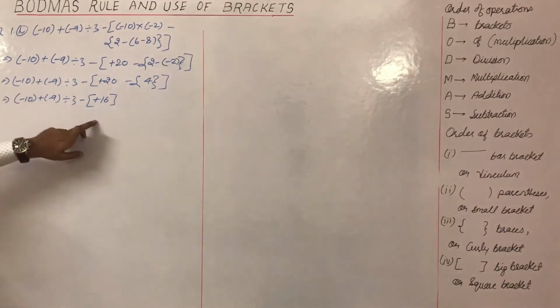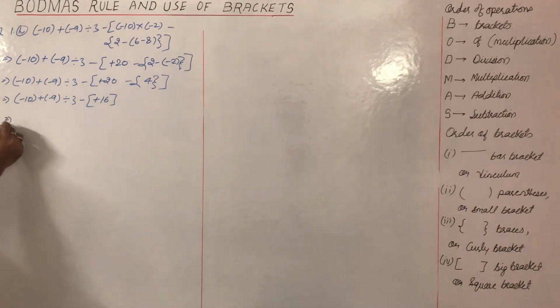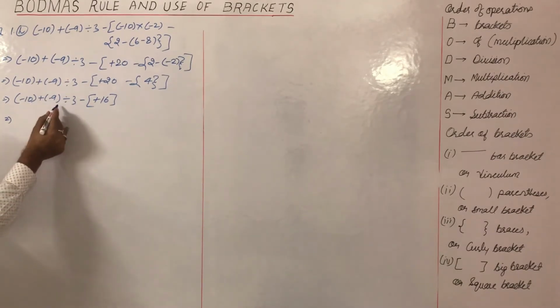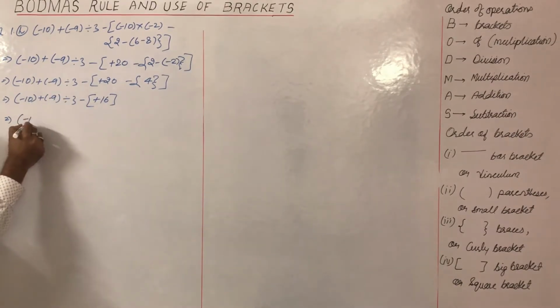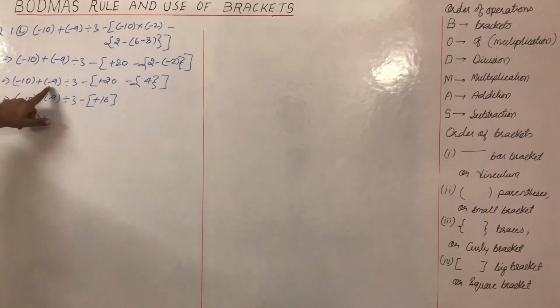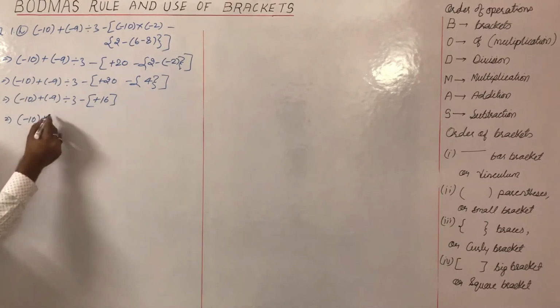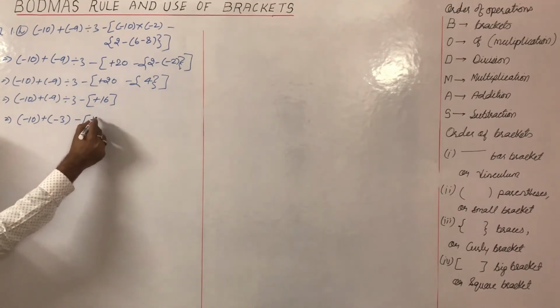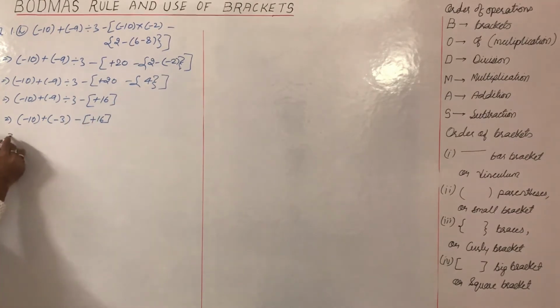Now we have 3 brackets. So first bracket, then addition, then second bracket with division, and third bracket. So minus 10 plus minus 9 divided by 3 is minus 3, minus plus 16.